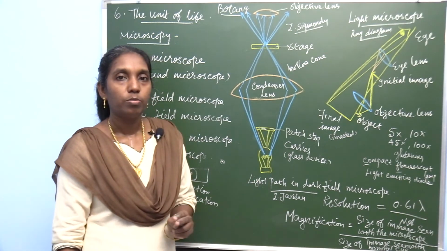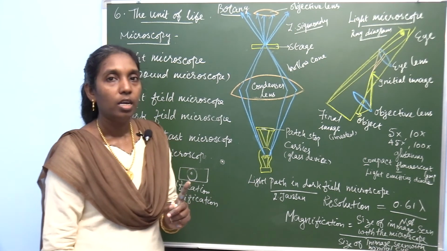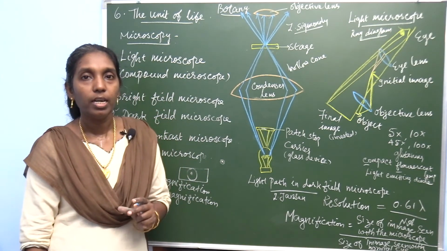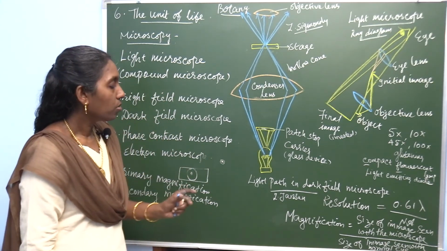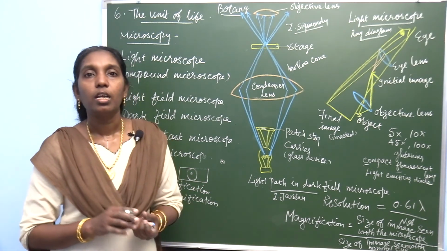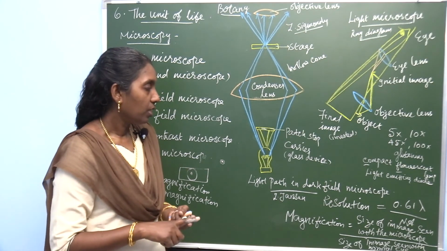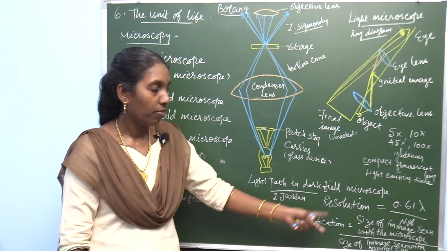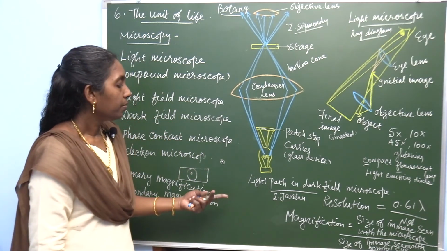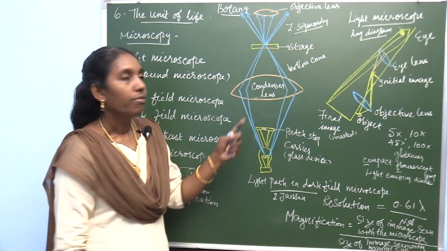So, 2 microscopes you learned today. Number 1, bright field microscope. Number 2, dark field microscope. What are the questions you are going to do today? First, what is meant by resolution? What is magnification? What is the resolution formula? The magnification formula. Then a 5 mark question.